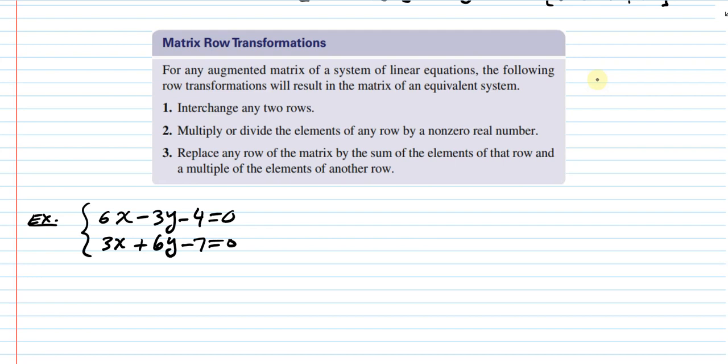It's very important that we write the augmented matrix correctly. In order to write it, the constants should be on the other side. So I'm going to move the constants to the other side. Now I have it in standard form, and I can write the augmented matrix.